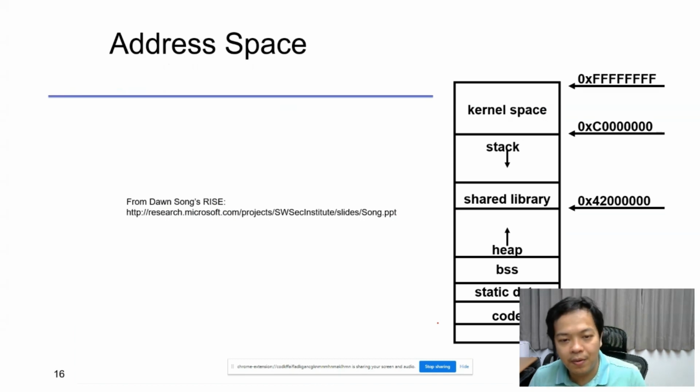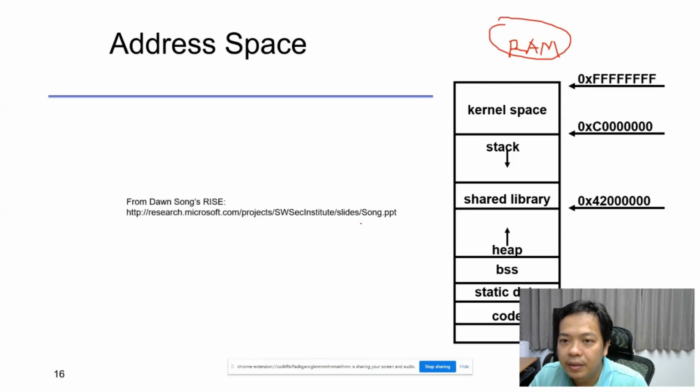Okay, so before I go into detail on how to exploit, we're talking about the stack first. This is a kind of stack in memory. In our memory, we split into many sections to store data. This is in random access memory, RAM.